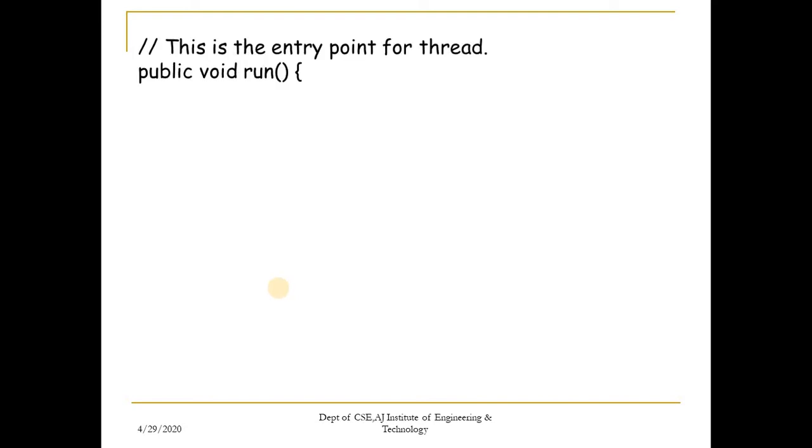When we call the start method of the thread, the start method will directly call the run method. So the run method starts executing, the entry point of the thread.